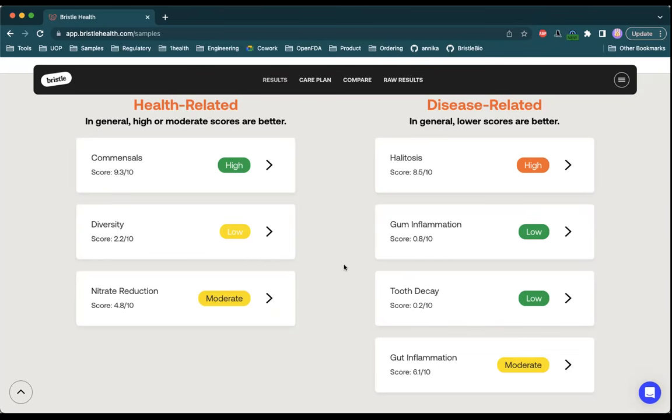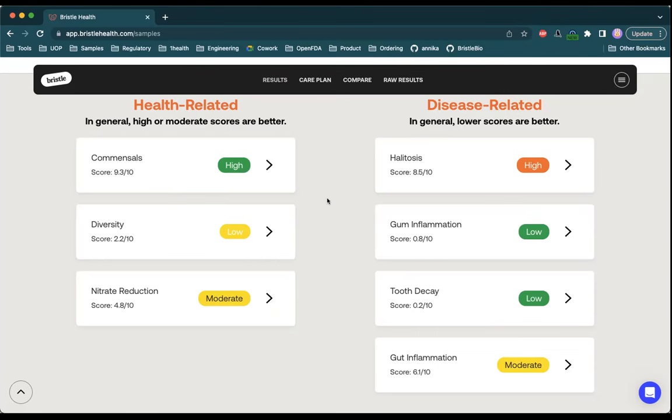When I see the commensal score, that's the first thing I look at. Just a large number of the good guys is great to see. That means that they're able to keep down the numbers of the bad guys. Again, it's not this simple, but if that was a low score, then that typically is a very serious condition. Diversity, I think, is difficult as a clinician to really interpret, and I know it is for you as well.